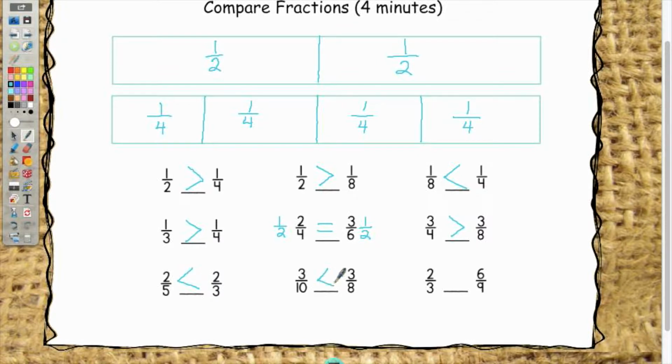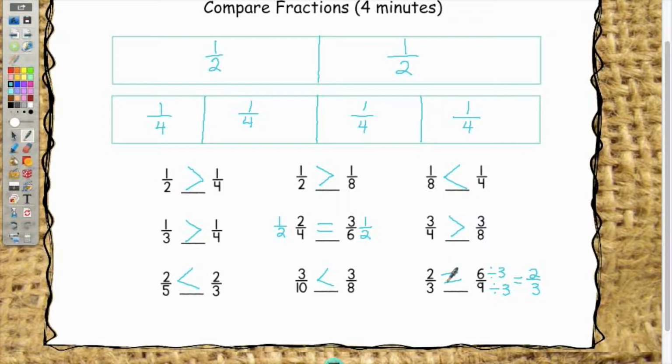Now this one, they're different. So let's just simplify them. Well, 2/3 is already simplified. So let's simplify 6/9. Divide them both by 3. Go ahead, write it down. And then we can see which one is larger. What's the answer? Equal.